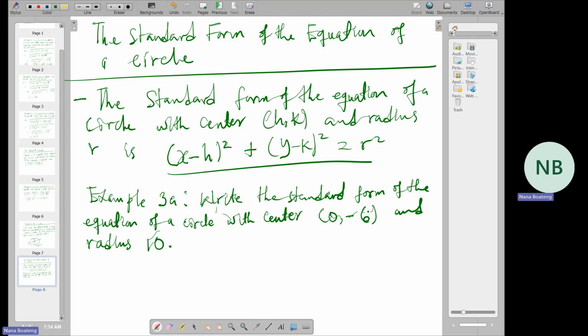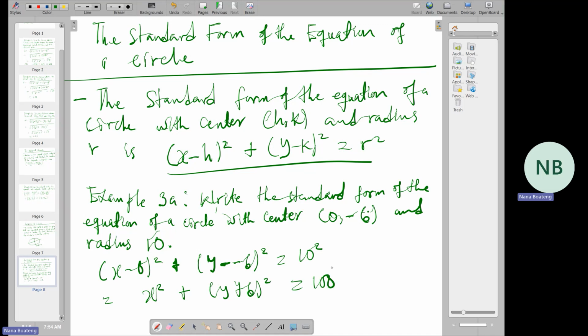All right, so the general form of the equation is x minus h, and h here is 0. So x minus 0 squared plus y minus k, and here k is negative 6, y minus negative 6 squared is equal to the radius squared, which is 10 squared. So this becomes x squared plus y plus 6 squared is equal to 100. That becomes the equation of the circle.